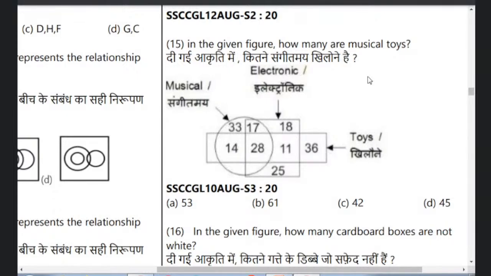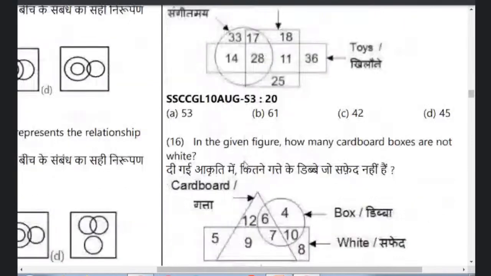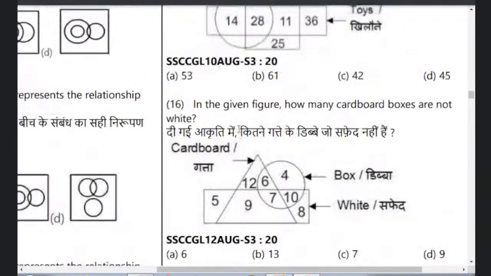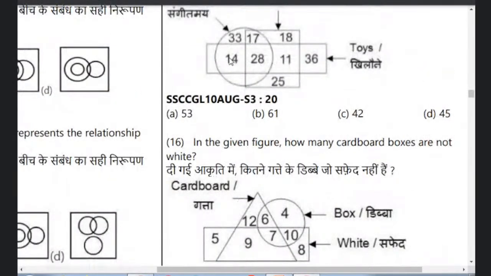How many musical? C option is the correct option because in that, 14 and 28 are the musical toys.